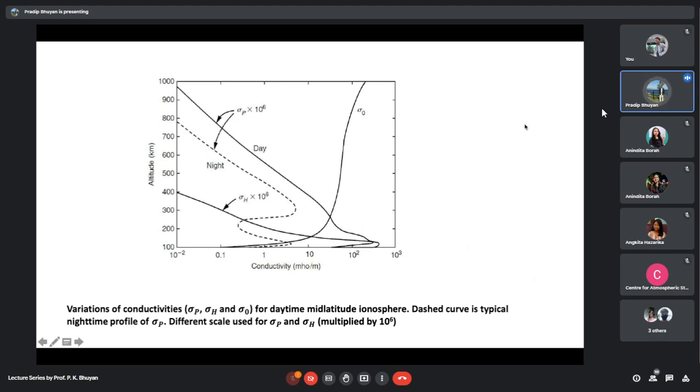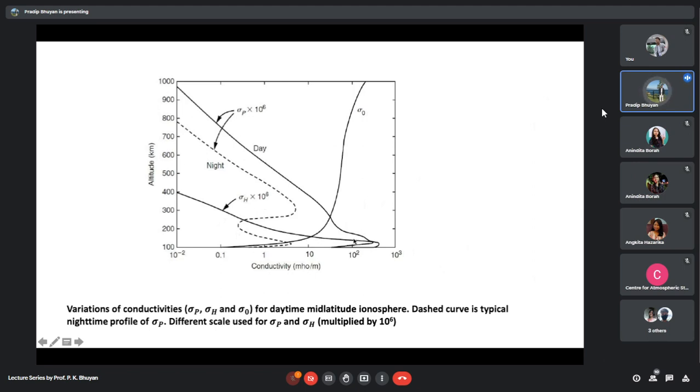The conductivity profiles will be like this. Look at this. I will be using this to discuss what happens at different heights, because these conductivities are not the same. You can see the Hall conductivity. Of course, it is multiplied by 10 to the power 6.